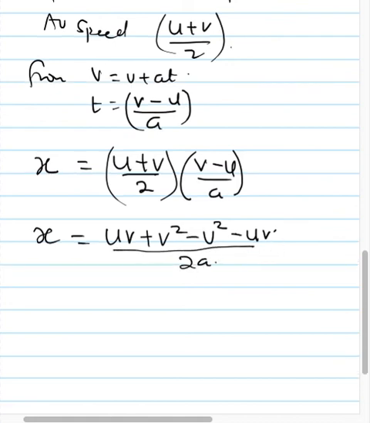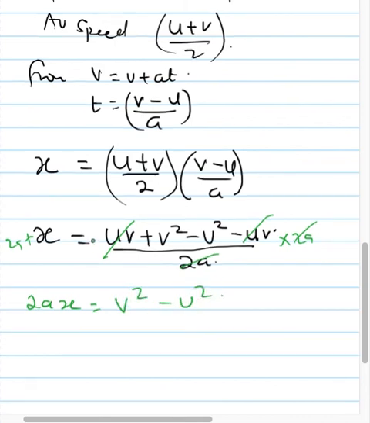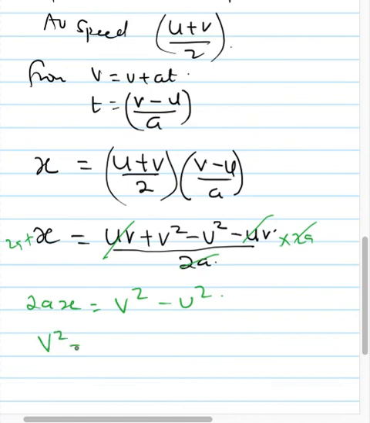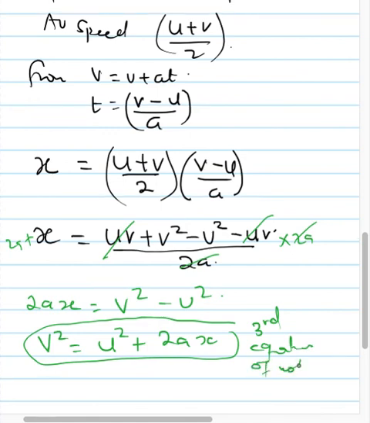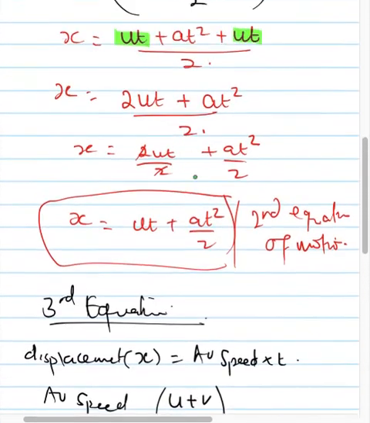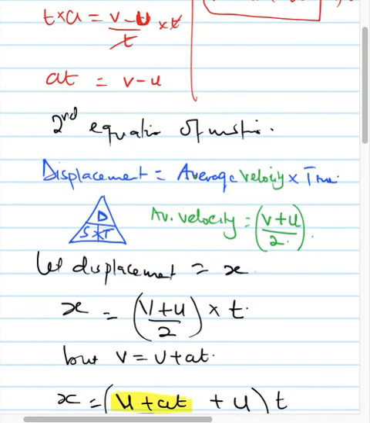Now multiplying both sides by 2a, we have 2ax equals, the uv terms cancel out, so we have v squared minus u squared. Taking the u squared to the other side, v squared is equal to u squared plus 2ax. This here is the third equation of motion. I hope the explanation was clear, and I hope you understood how to derive these 3 equations of motion, linear motion to be specific, and I hope this helps you in your studying.